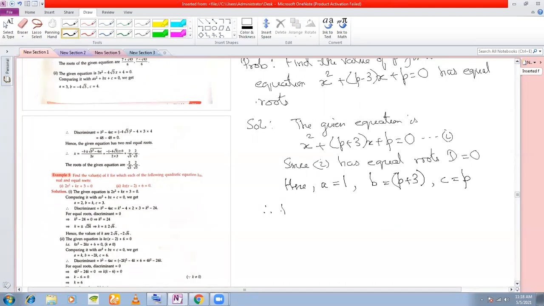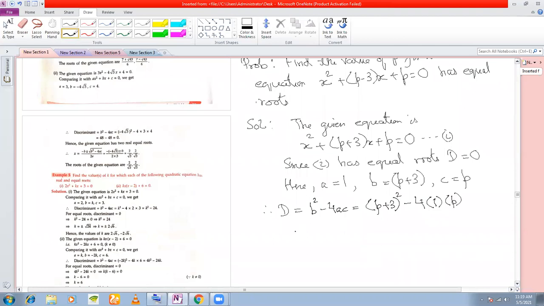So therefore, what is the discriminant here? Discriminant is equal to b square minus 4ac, which is equal to b square here is p plus 3 whole square minus 4 into a into c.